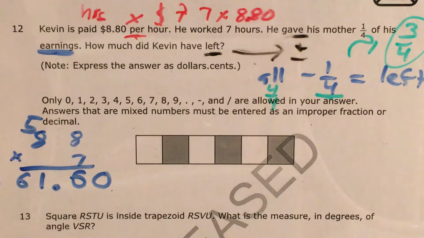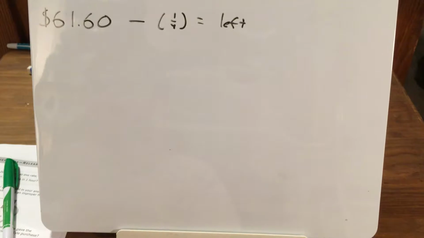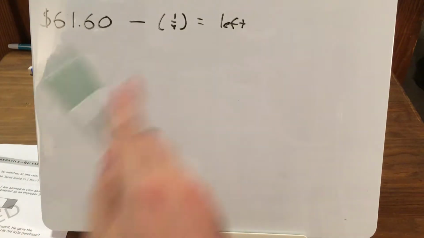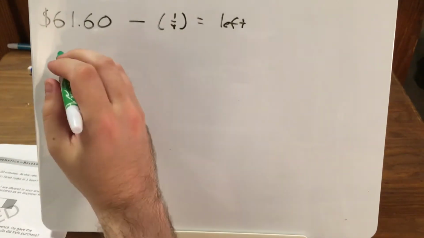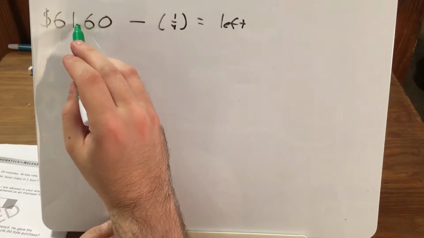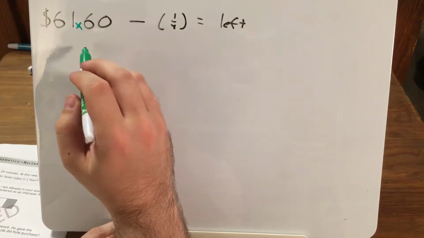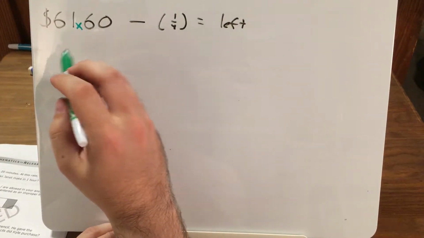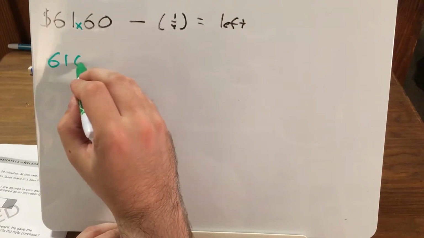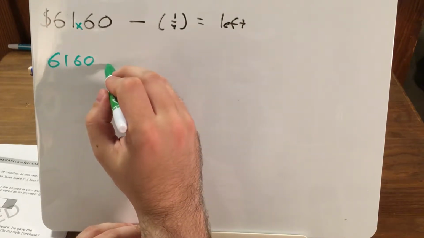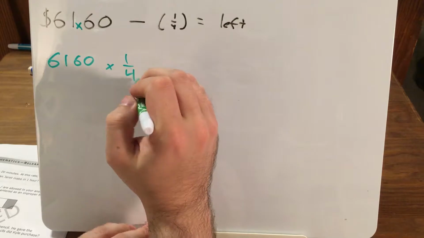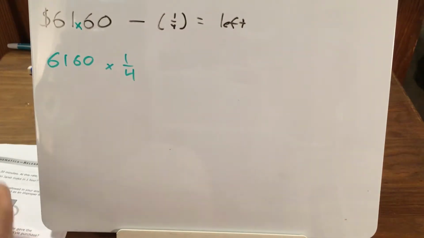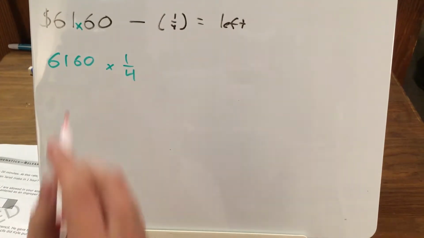So for that, I'm going to have to use the magic of editing to get out my big board. Let's get started by figuring out what exactly 1/4 of this 6160 is. And once again, I'm going to ignore my decimal. I'll just know that my answer has to have 2 decimal places. I'll write it like this: 6160 times 1/4.